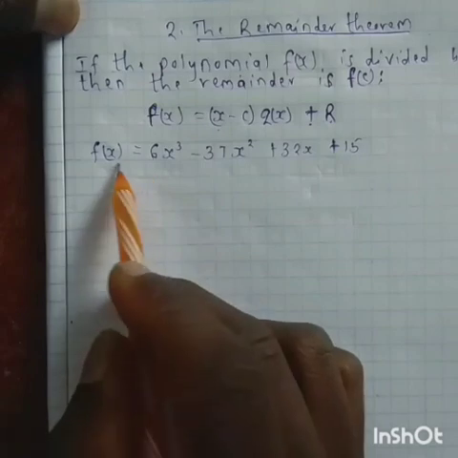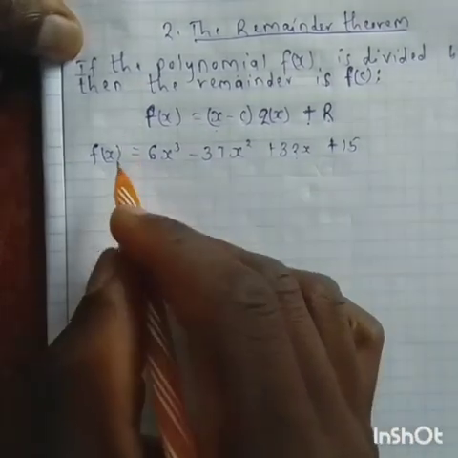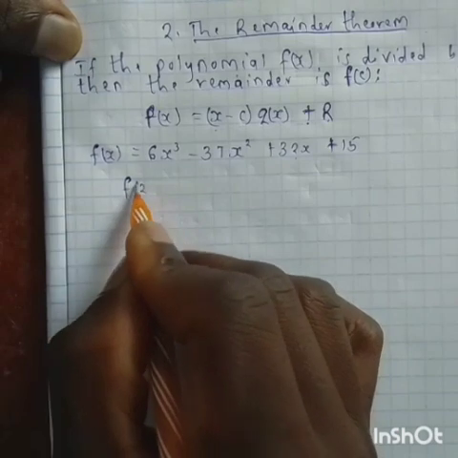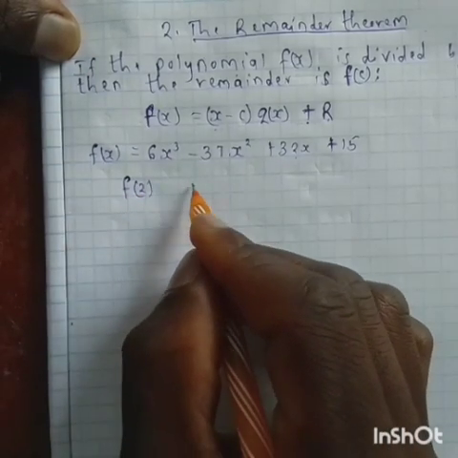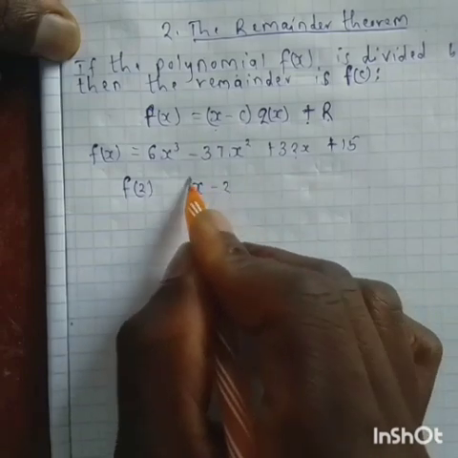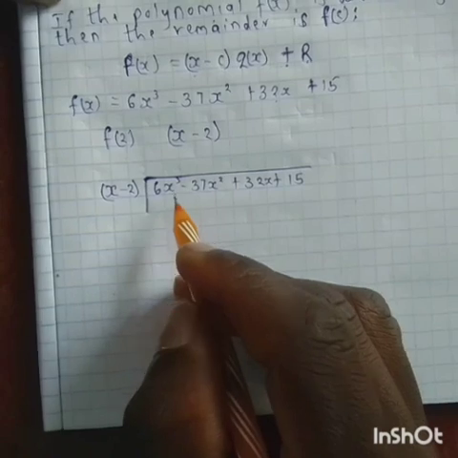We shall use our original example to illustrate the remainder theorem. Let us say we want to find f(2). Then we divide the polynomial function by x minus 2, so we want to carry out this long division.